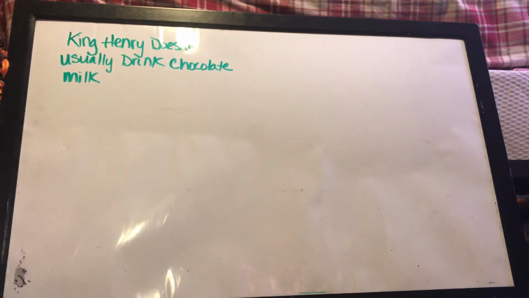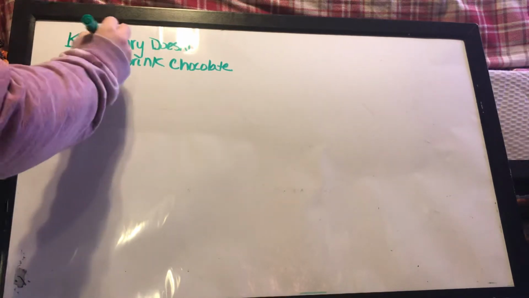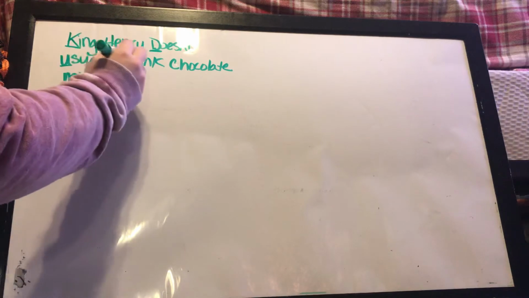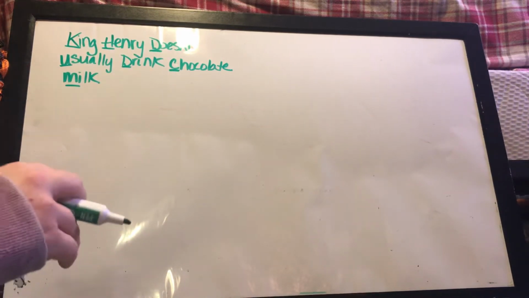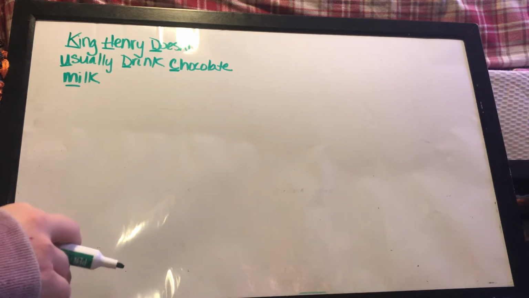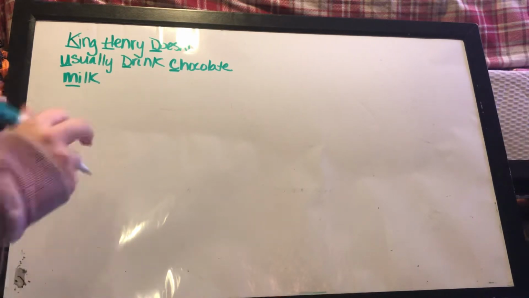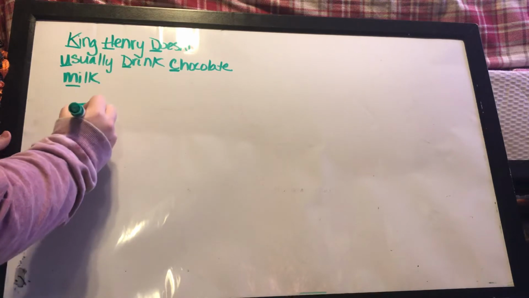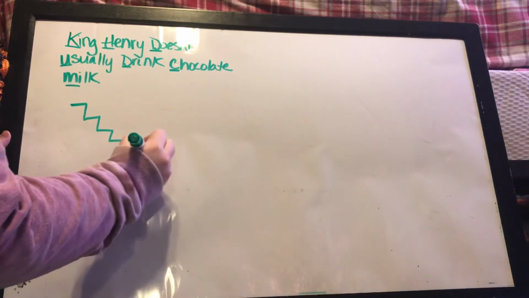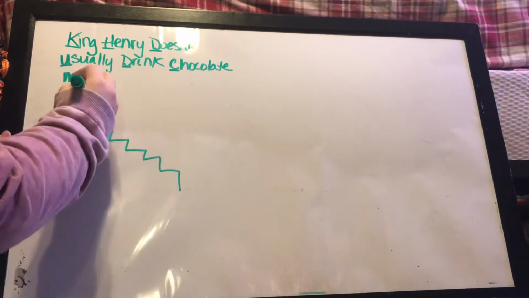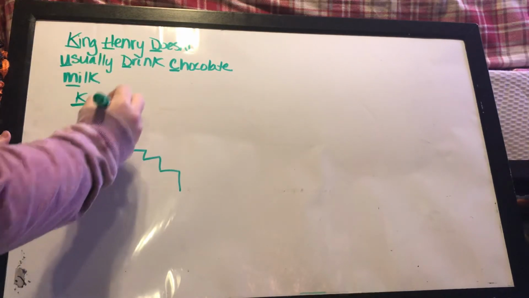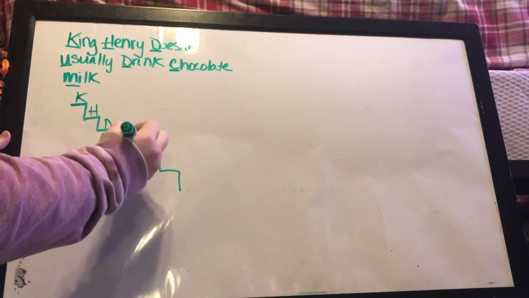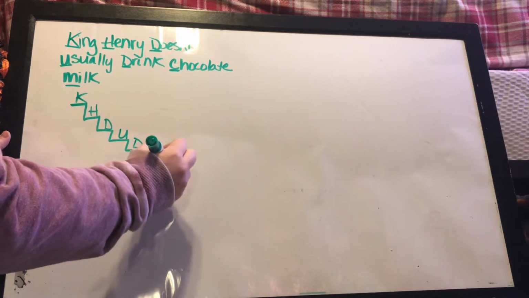So remember this phrase, the first letter of each word tells you the letter that goes on your ladder that you're going to draw, or your staircase. So as you say the phrase, that tells you how many steps that you need. King Henry doesn't usually drink chocolate milk.